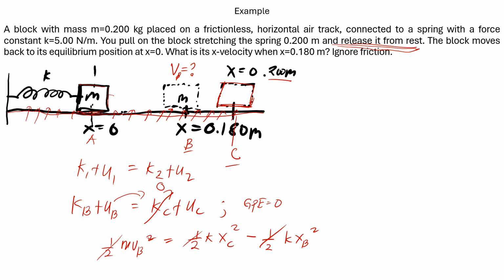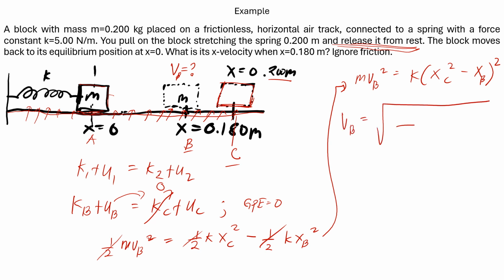Then I will be left with m vb squared equal to, factoring out the k, k times xc squared minus xb squared. So finally my vb will be the square root of k times xc squared minus xb squared, over m.